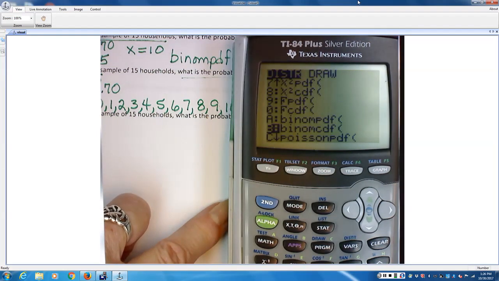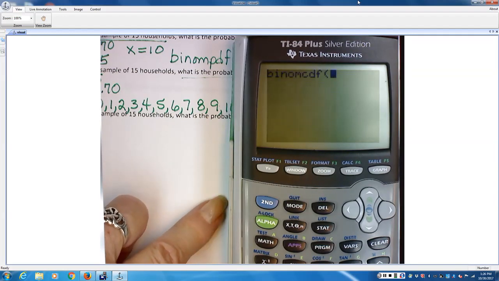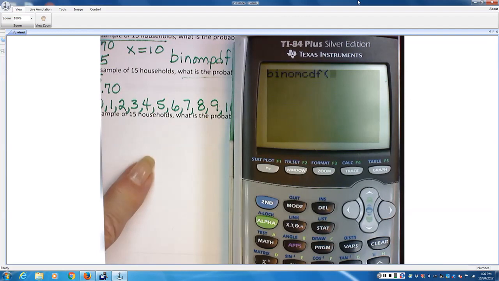Okay? Binomial CDF. Trying to get this thing to focus better. Choose that. Your arguments are the same. Binomial CDF, not PDF, CDF. Your value of N was 15, because it was 15 households. Your value of P was 0.7, because 70% of the households had cable. But the number you're going to put in is going to be 12.